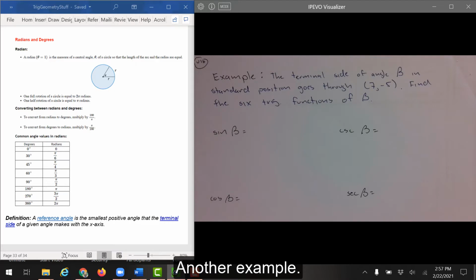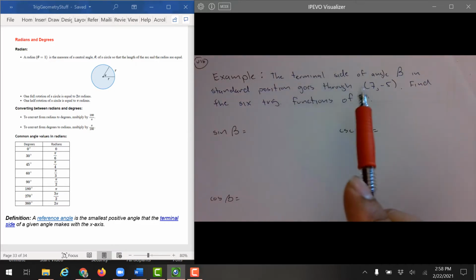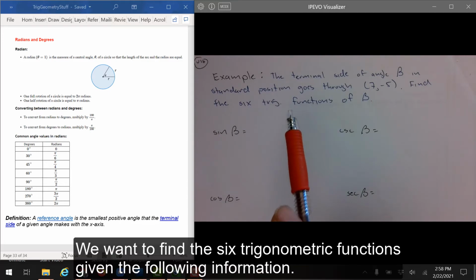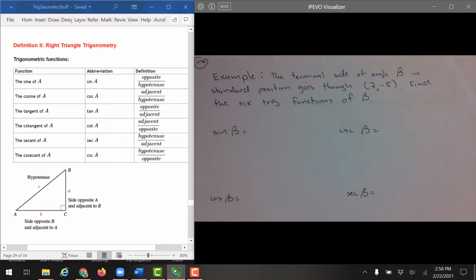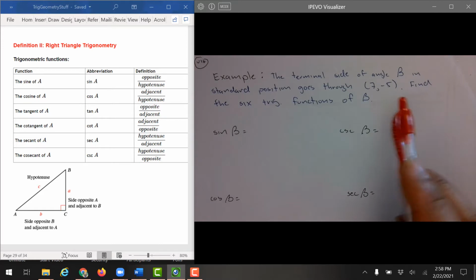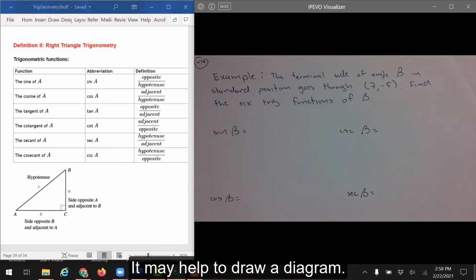Another example. We want to find the 6 trigonometric functions given the following information. It may help to draw a diagram.